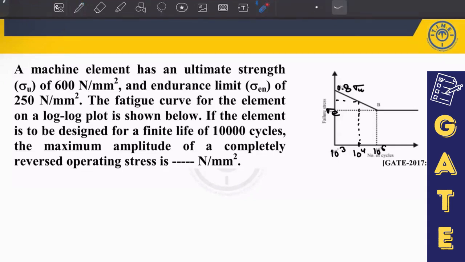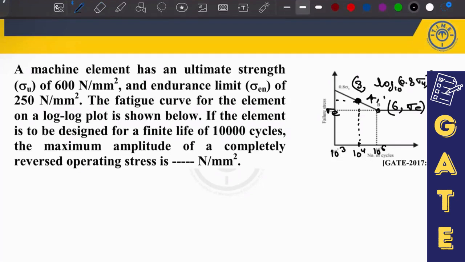This value you already know. This coordinate is nothing but 3. So if I want to write down the coordinate for this point, can I say this is nothing but 3 comma 0.8 into ultimate strength? What about this, 6 comma endurance strength? And this is nothing but 4 comma, let us suppose, in terms of log only, log of base 10 of 0.8 ultimate strength.